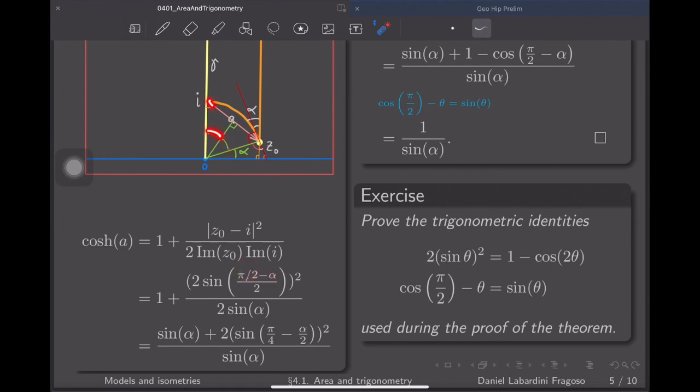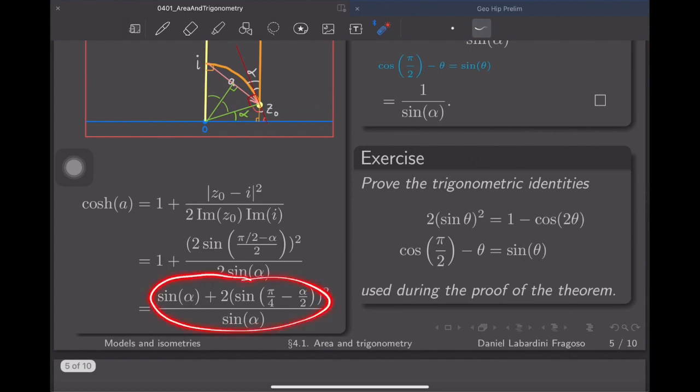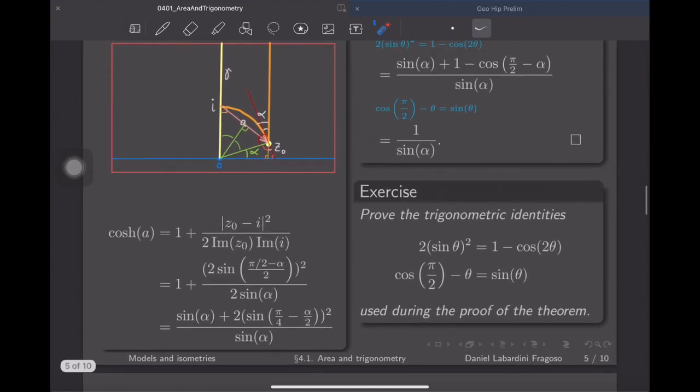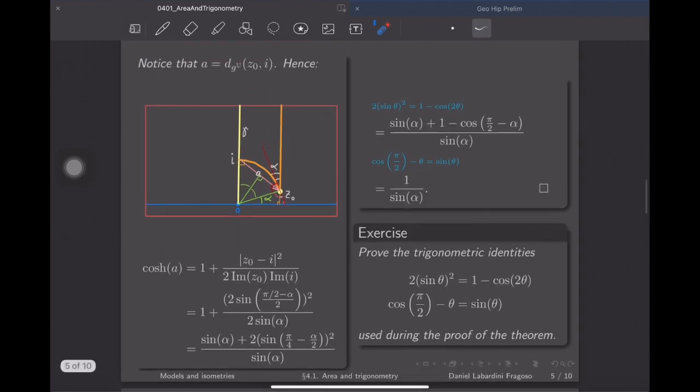Sine of that is this. 2 times the sine of that is this. So this becomes this. Now I cancel the 1 half with the 2 here, and then I take a common denominator. And now I use this identity.